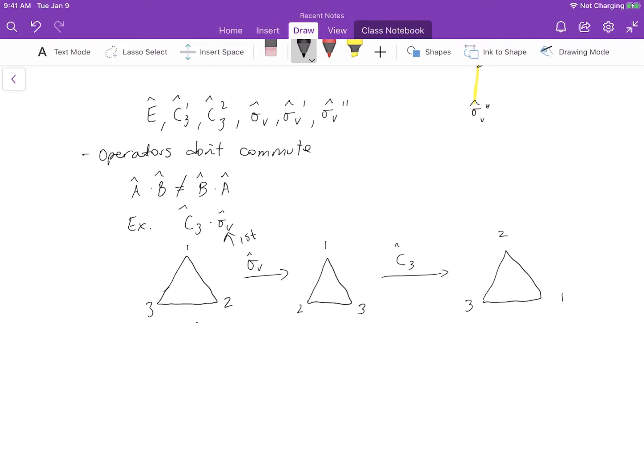And so if instead we had gone directly from here to here, this would have been our sigma v double prime. So a different one.